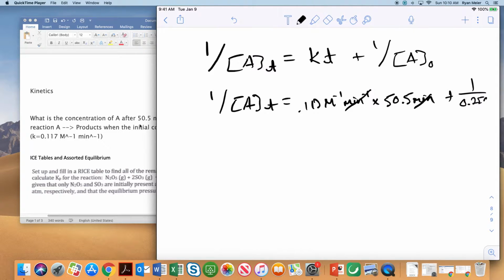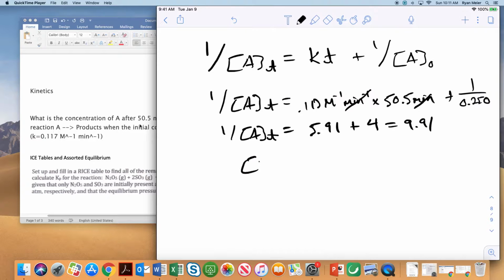And then 1 over our initial concentration here, and now it's just a matter of doing a little bit of math. So I can take our rate constant times that time there. I'm going to get about 5.91 plus, what is that, 1 divided by 0.25 is just 4. So 1 over our concentration at some point in time is equal to 5.91 plus 4, or 9.91.